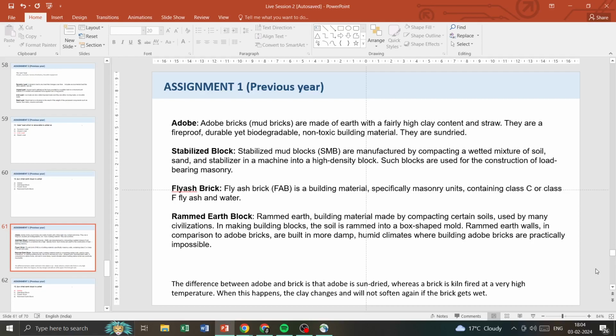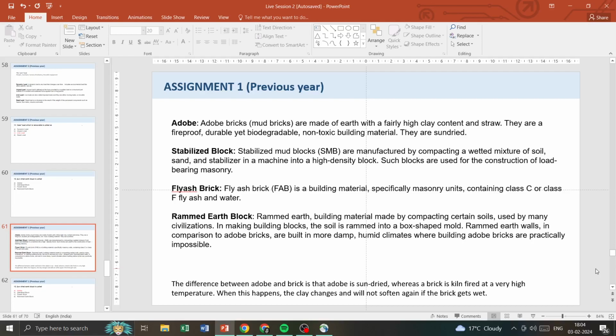Then fly ash brick or FAB is a building material, specifically masonry units containing class C or class F fly ash and water. Rammed earth block, rammed earth building material made by compacting certain soils, used by many civilizations. In making building blocks, the soil is rammed into a box-shaped mold.